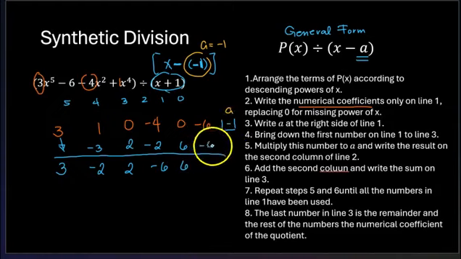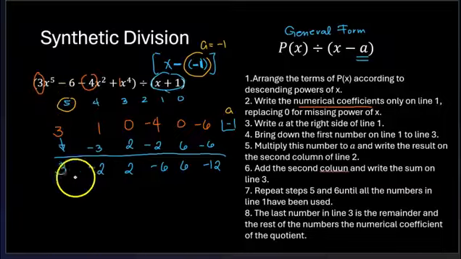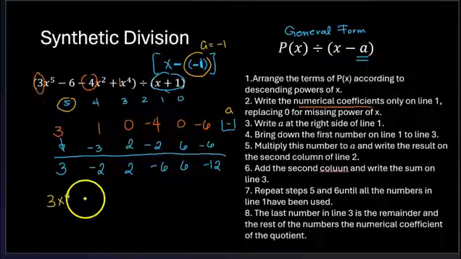Multiply, negative 6, add. Okay, so what happens here is that you started with the highest exponent of 5. Since this is just x, your answer here will have a lower degree. So yung 5, this one here would become 4.